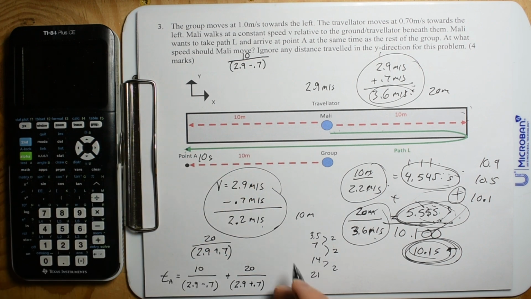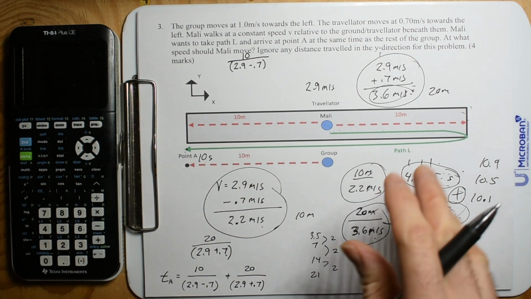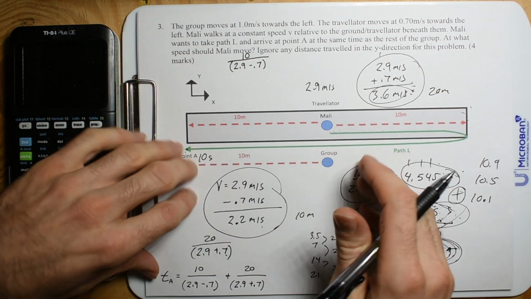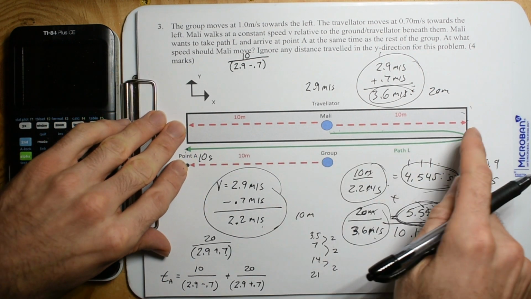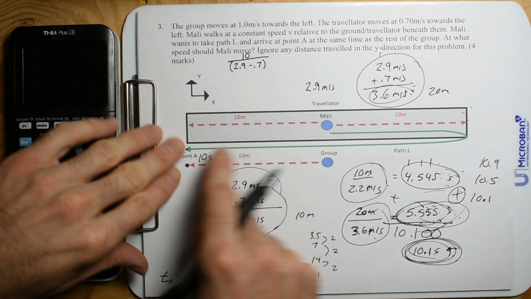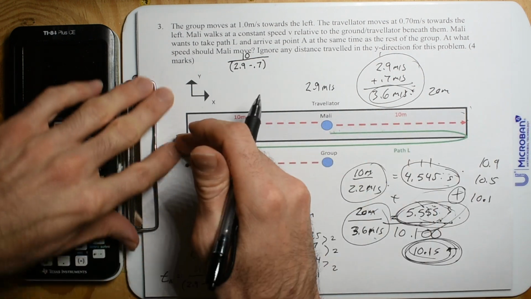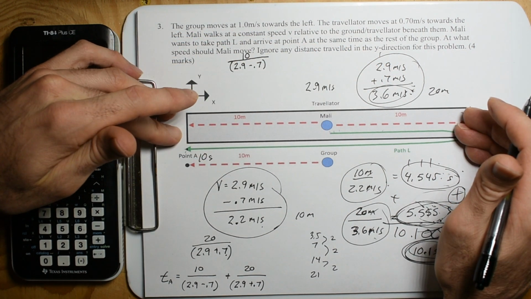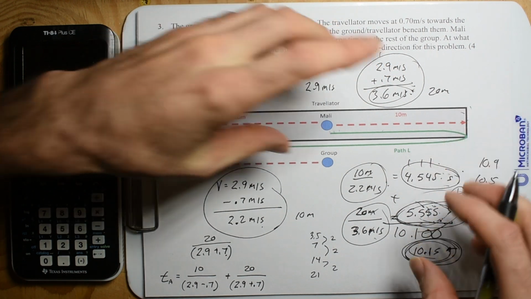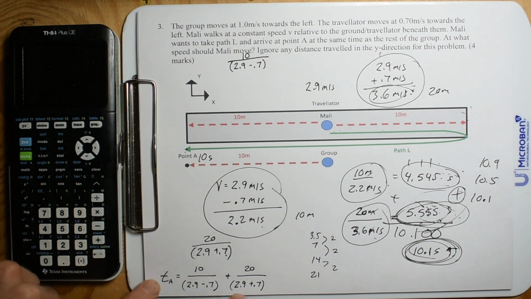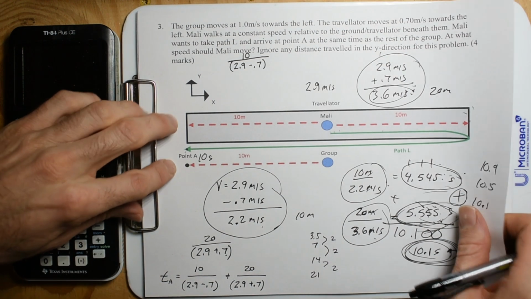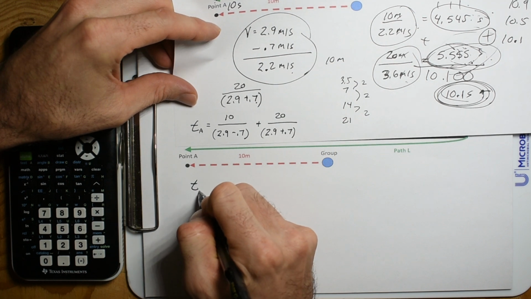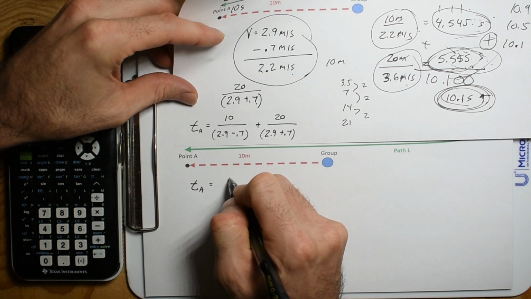And I would just rather spend the rest of my life taking a problem like this and doing it this way, intuiting it, seeing why that velocity is helpful or hinders this way and is helpful that way, how that gives me a time here, a different time there, and how those added times together, instead of just memorizing this equation. Because now let's rewrite this. So this is going to be the time it's going to take Malachi to get here.